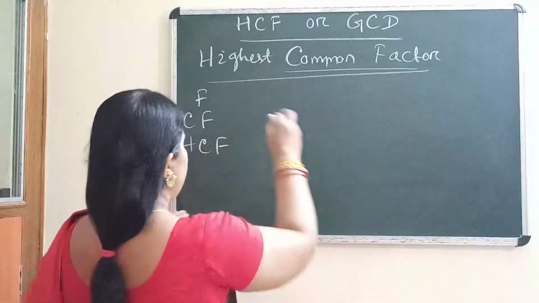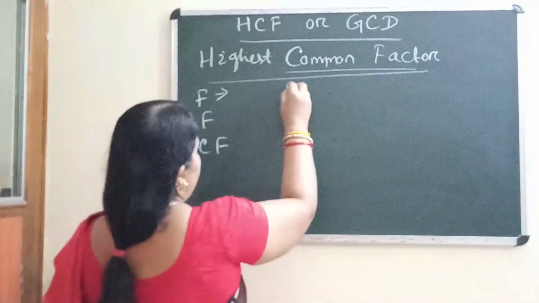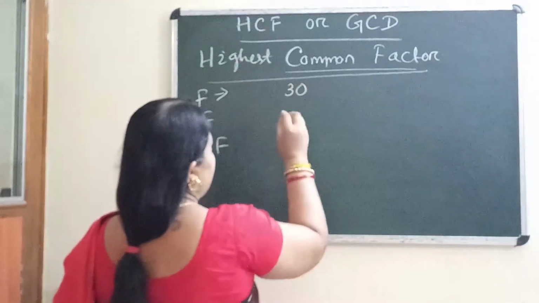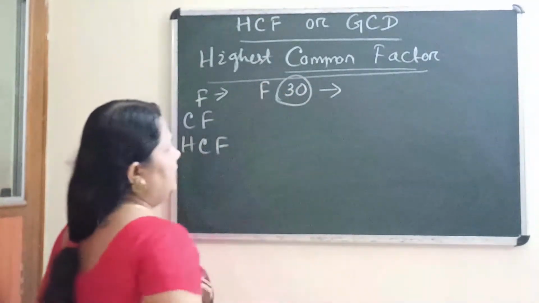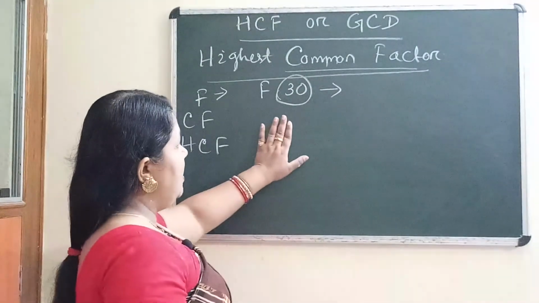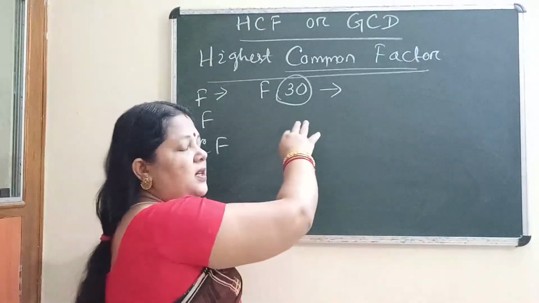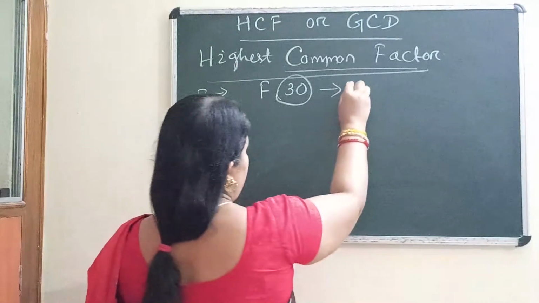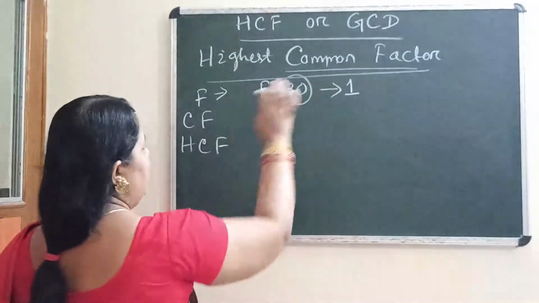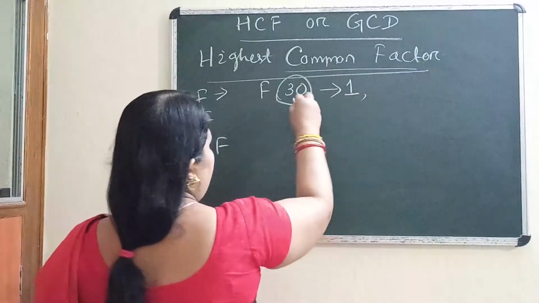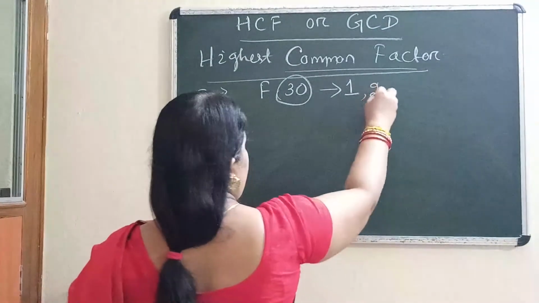Let me remind you. Suppose I am taking the number 30. Okay, factors of 30. So we will start from which number? 1. Yes, because 1 is a factor of every number, because every number is divisible by 1. Okay, so this is one factor. Then 30 is divisible by 2 also, so 2 is a factor.